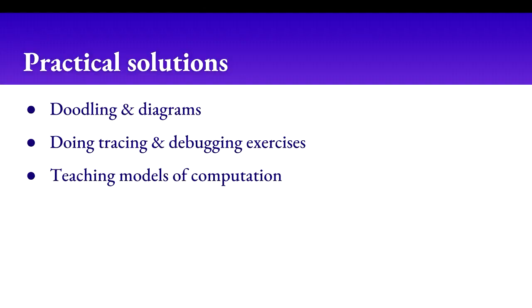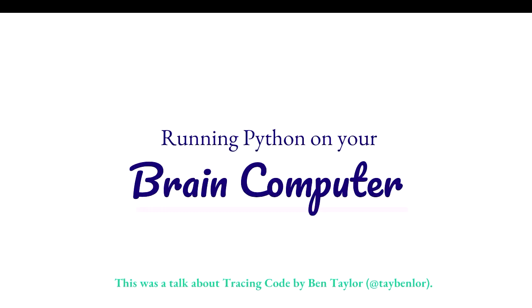We can help students in the classroom by using things like doodling and diagrams. We can do tracing and debugging exercises, and we can teach them models of computation explicitly. And most importantly, what we want our students to do is run Python on their brain computers.